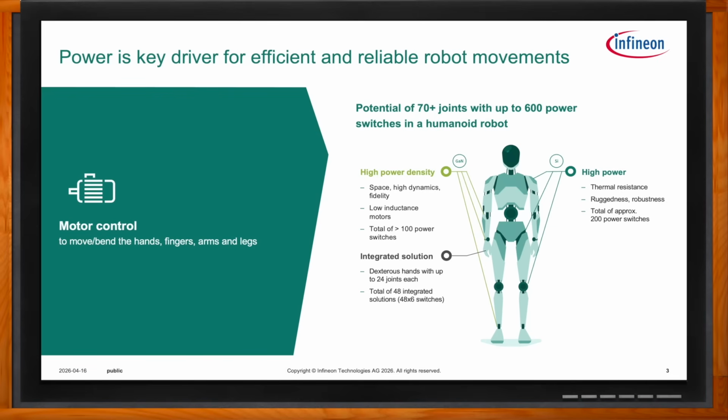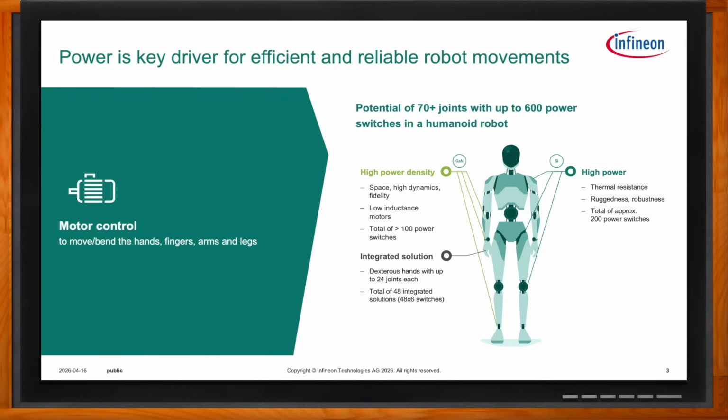So in some of those areas, like in this graphic, we use traditional silicon transistors for on-off control, enabling and disabling various systems where dynamic performance maybe isn't that critical. And that could be as many as 200 different power switches in a robot like this.